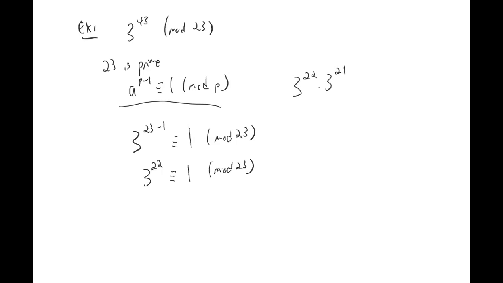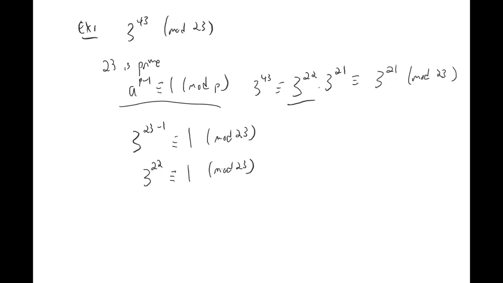So basically I could say this is congruent to 3 to the 43, or let me put it on the other side. I know that this is true. On the other hand, I know this is 1, so this is 3 to the 21 mod 23.